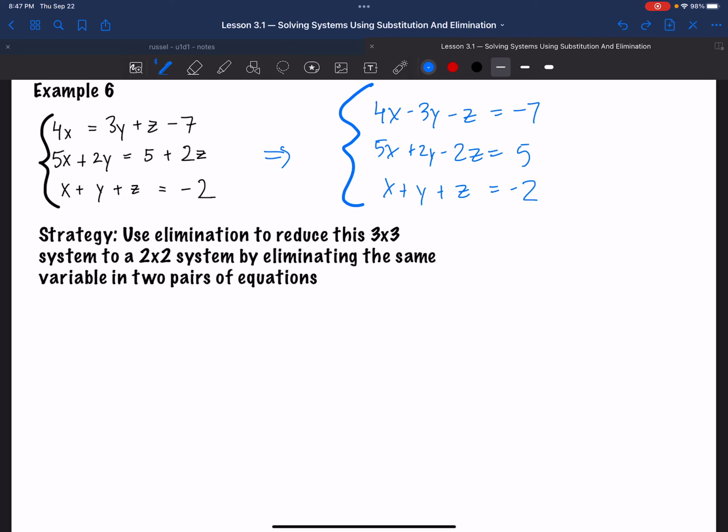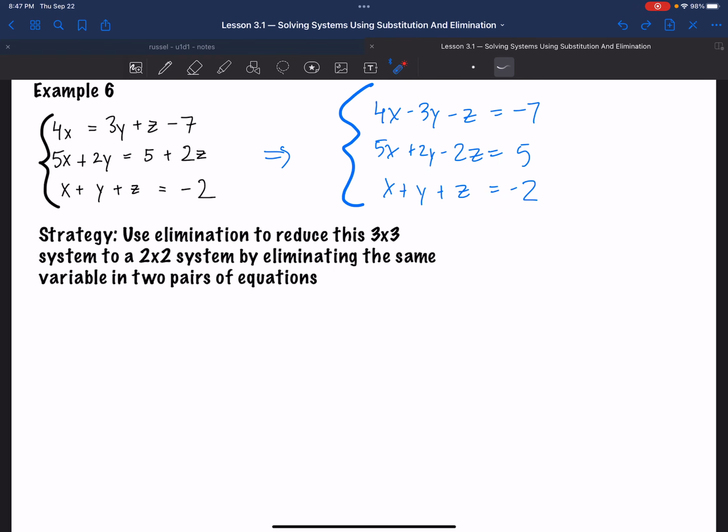If you want to eliminate y, phenomenal. If you want to eliminate z, way to go. It doesn't matter. I'm going to choose z mainly because negative z and positive z are easy. Those easily cancel out. I don't even have to do any arithmetic, at least not in terms of altering the equation. And then negative 2z, if I double this z and make this 2z, then those will cancel.